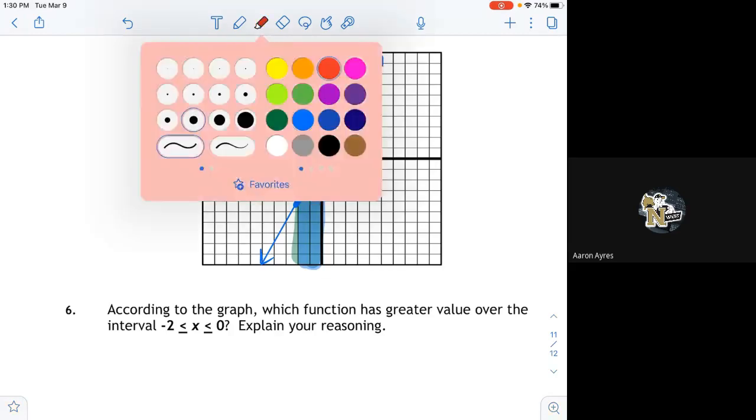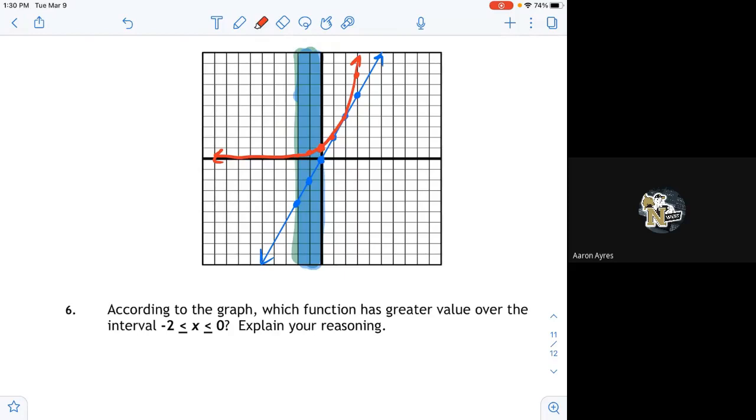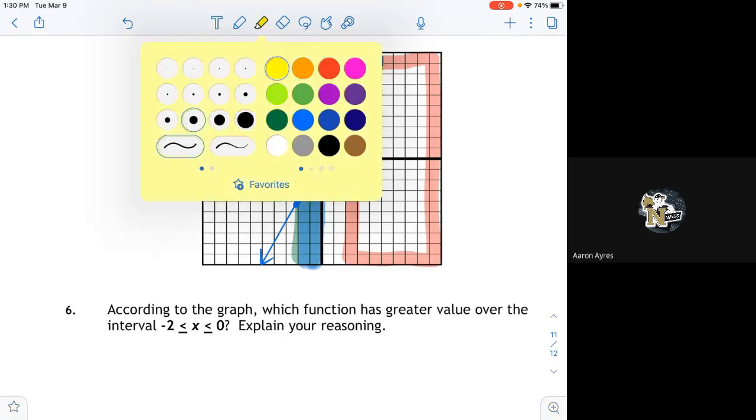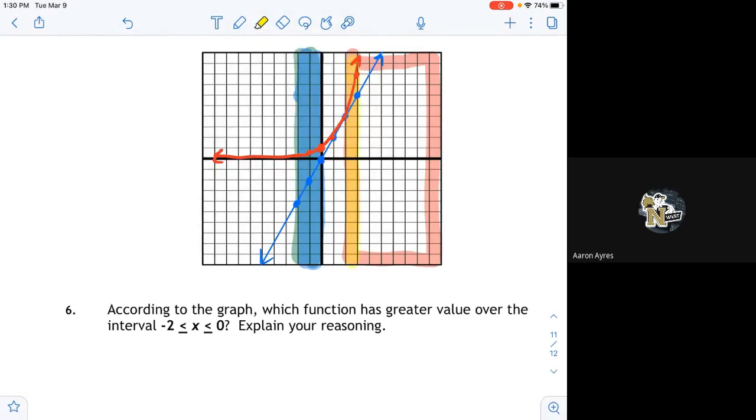And then red and yellow, you guys are going to take after 2. So you guys are going to take from there, okay? And from there. And I'll take the piece that's in between. Fair enough?